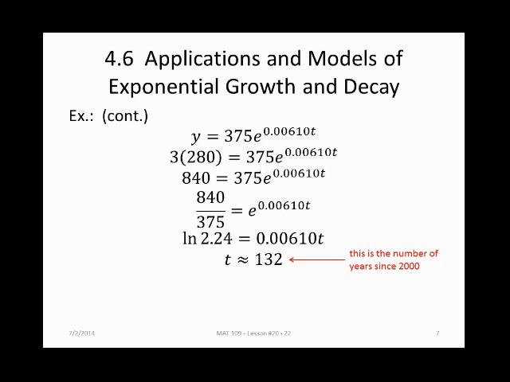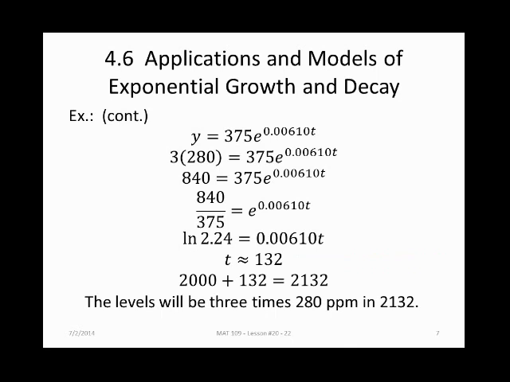It's going to happen 132 years after 2000, or it's going to happen in the year 2132, and in that year there will be 3 times 280 parts per million. So a real world type of question that can be answered by using mathematics and using techniques of these exponential equations to find an answer.